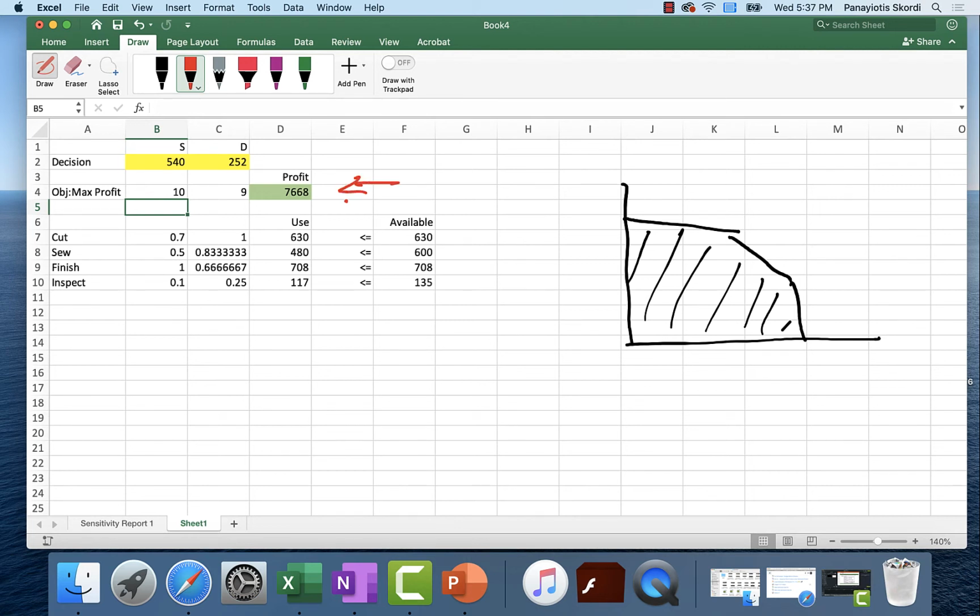Because we wanted to maximize profit, we wanted to see the last point that contour line hit this feasible region. And if you keep on going through, it's going to be about there. That's the last point. It's actually going to hit the line. And we had a unique solution. We could find the values of standard and deluxe bags at this point in here, and that would tell us what the optimal solution that would maximize our profit is.